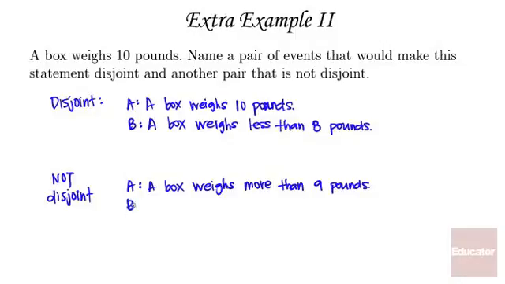And then for my next statement, a box weighs less than 11 pounds. Okay, this is true, right? These two statements are true, so it is not disjoint.